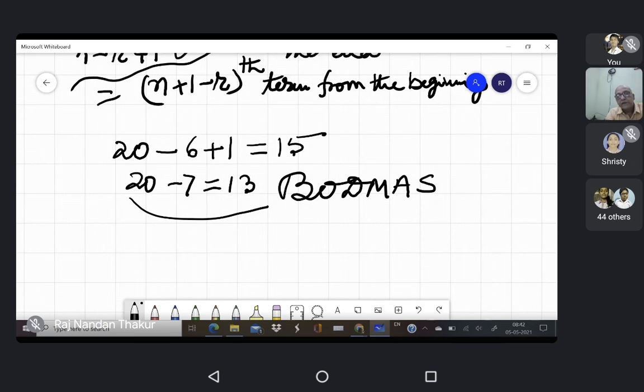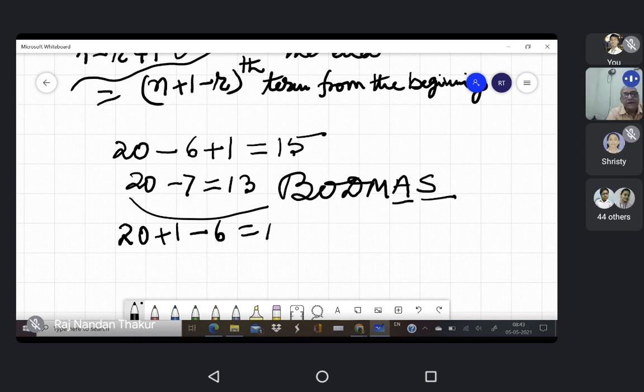Sir, it will be wrong because it is not in bracket. Yes, but see what confusion happens. BODMAS rule says addition then subtraction, or not? So due to misunderstanding the BODMAS rule, we add 6 first, 6 plus 1. But BODMAS rule says you add 1 to 20 and then subtract.